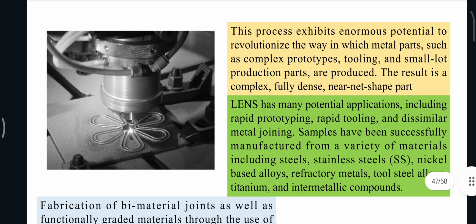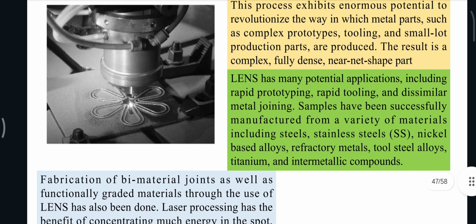The process exhibits enormous potential to revolutionize the way in which metal parts such as complex prototype tooling and small-lot production parts are produced. The result is a complex, fully dense, near net shape part.